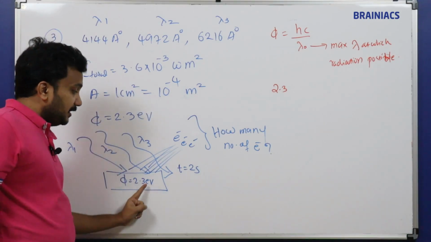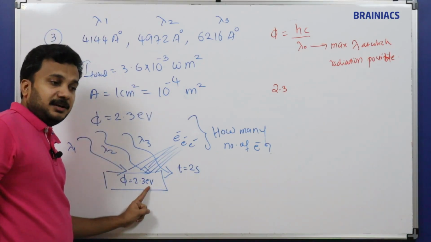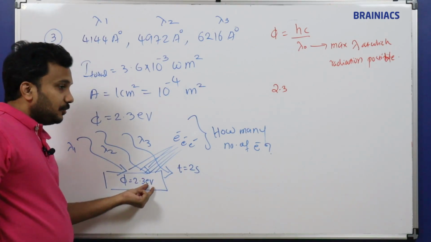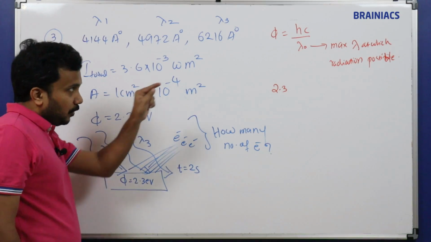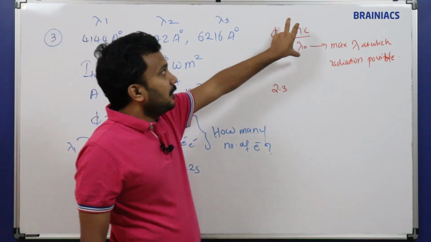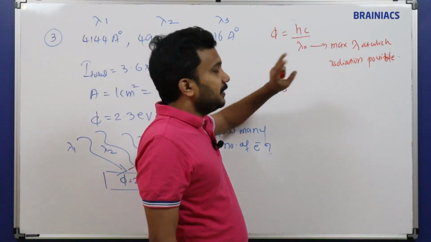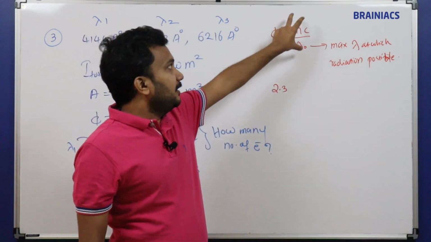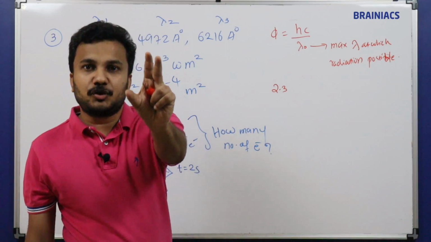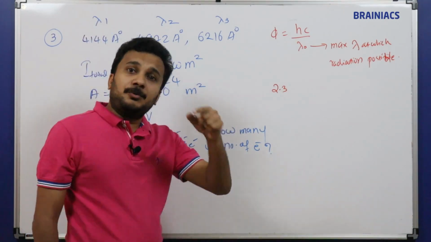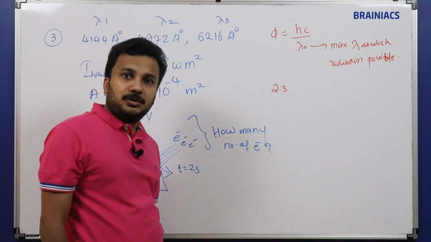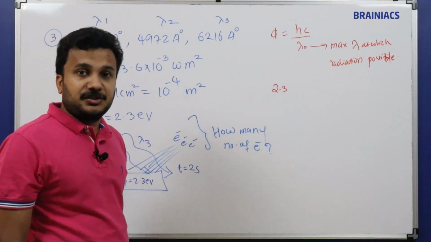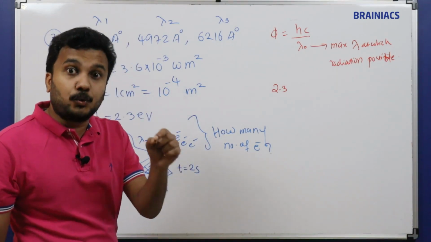Listen to one point. Here the unit is given in electron volt. Whenever electron volts are given, if you calculate this value with lambda 0, you will get the energy in terms of joule. To convert energy from joule, you divide by 1.6 × 10^-19 coulomb.